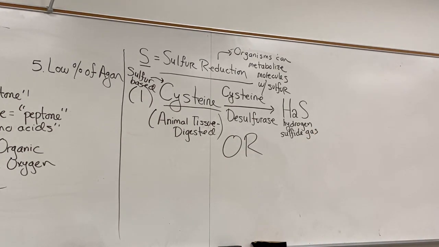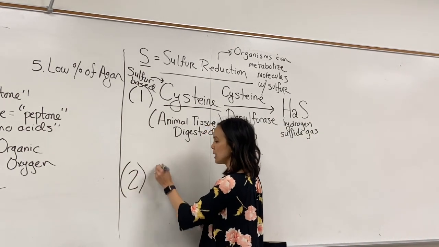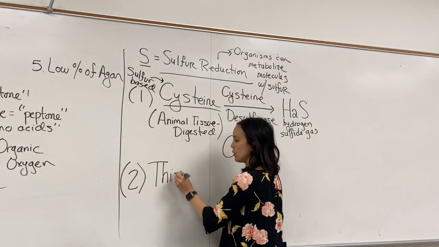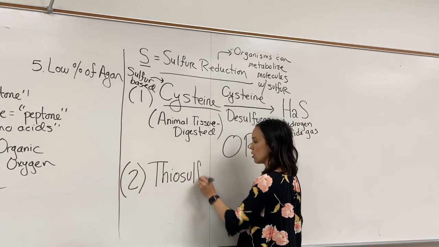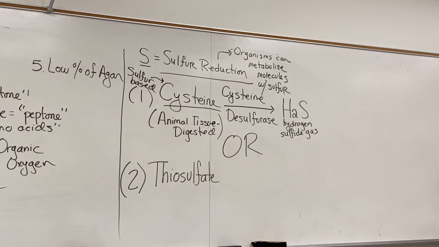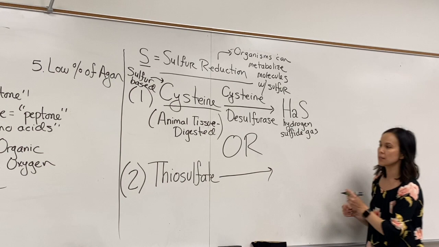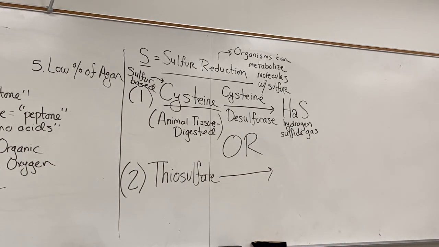So your organisms may just end up eating the cysteine, or another option for them is maybe they don't eat the cysteine, but they use what's called thiosulfate, because we do have thiosulfate in the media as like option 2. So they might be able to metabolize the thiosulfate.